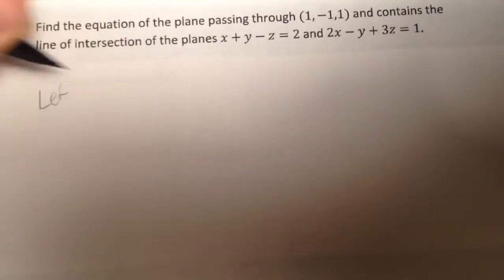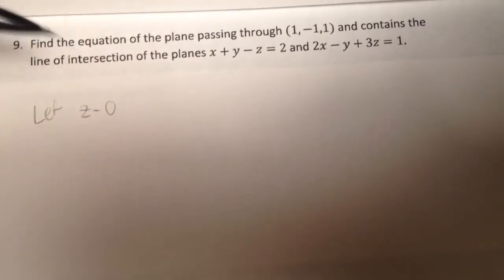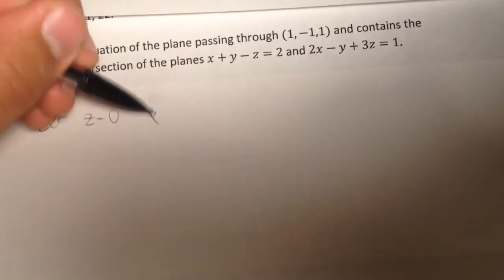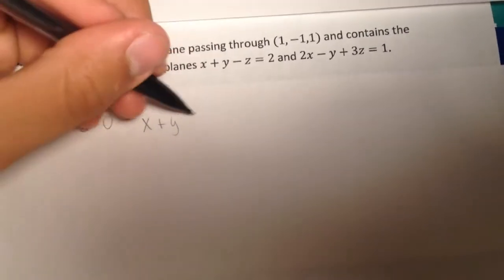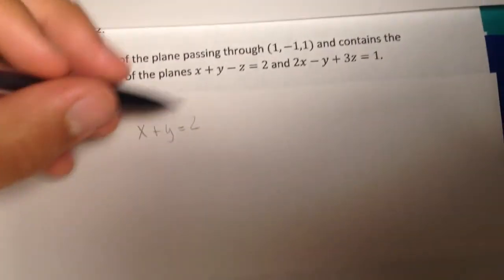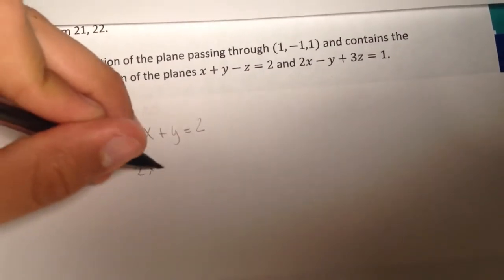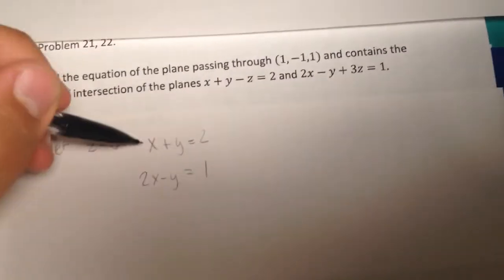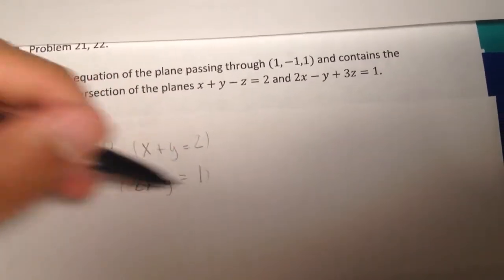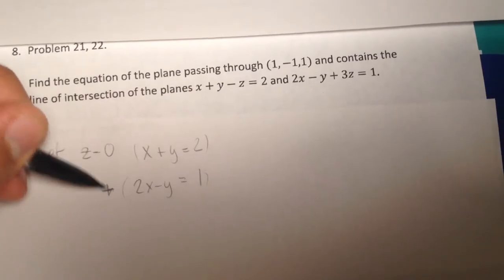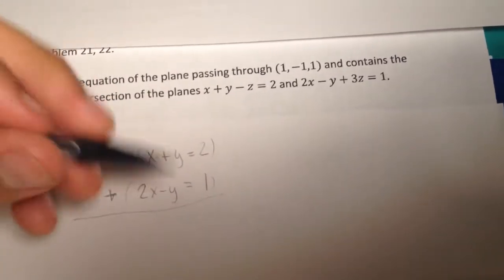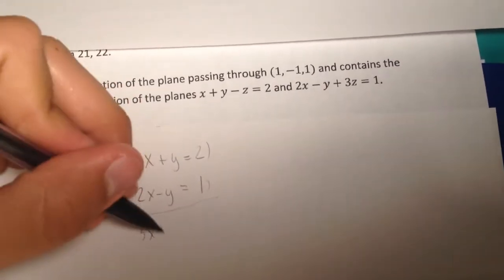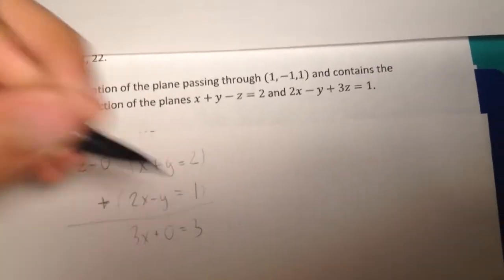So let z equal 0, and our first equation becomes x plus y is equal to 2, and the second equation becomes 2x minus y is equal to 1. Now you can add these equations, and you'll get 3x plus 0 is equal to 3.